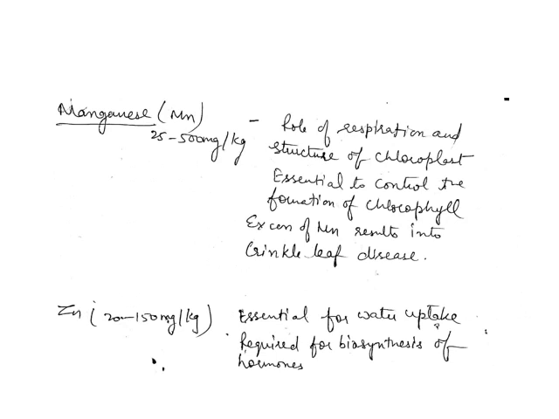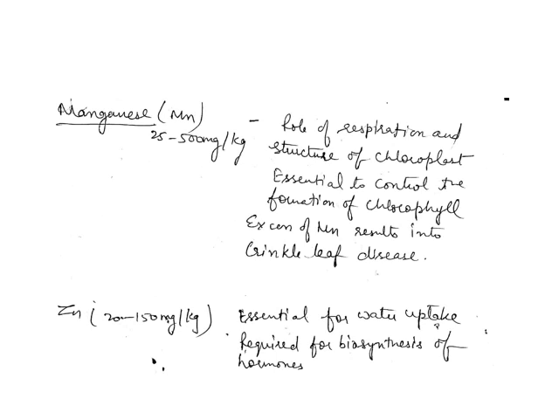The next micronutrient is manganese. 25 to 500 milligram per kg of the whole dry plant. Its role is in respiration and the structure of chloroplast. It is essential to control the formation of chlorophyll.